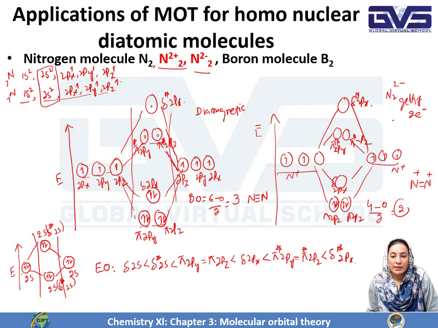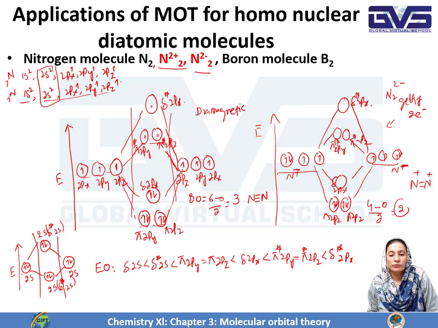I'm writing this again. First, this is like regular nitrogen, 1 2 3, 1 2 3. Now negative means gaining of one more electron in both. So now fill the electrons.